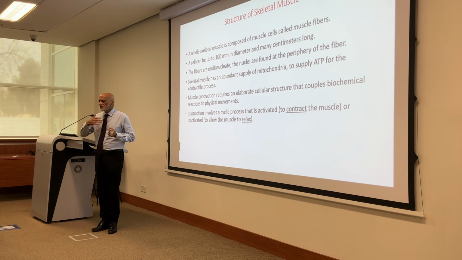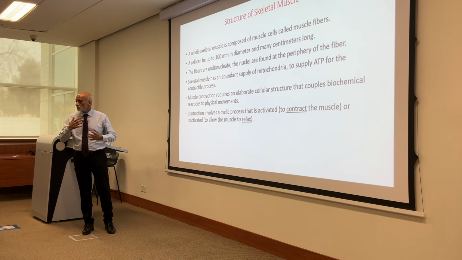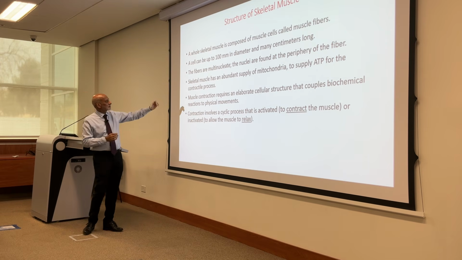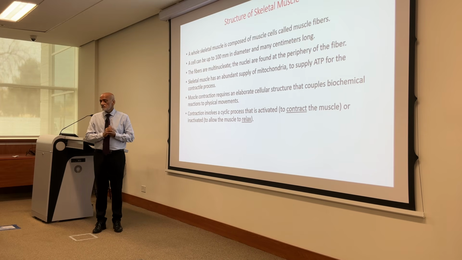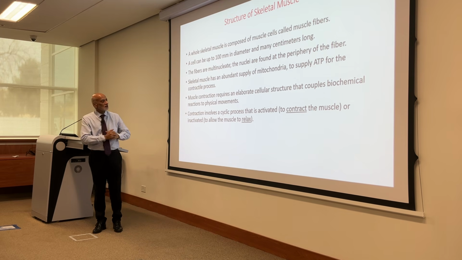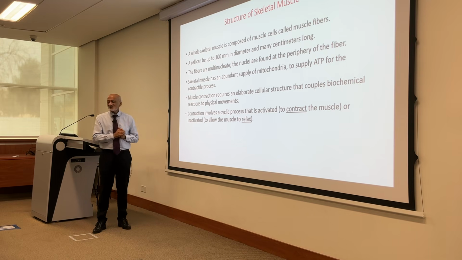So there are just a few of them that have more than one nucleus in them. So skeletal muscle is also abundant in mitochondria. Okay, so you've got this membrane around it, and you've got the nucleus pushed out to the side, but you also have lots and lots of mitochondria, which kind of makes sense because you require the ATP.